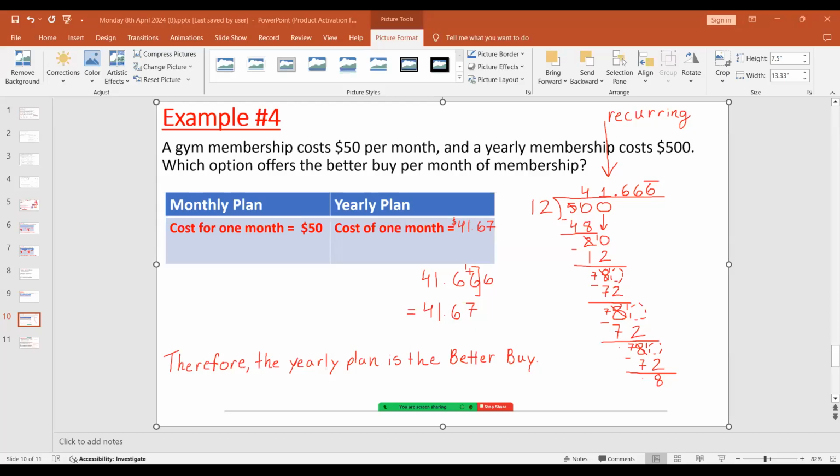Again, go ahead and take a picture of your work and send it to me via WhatsApp. I need everyone to send me it, please.